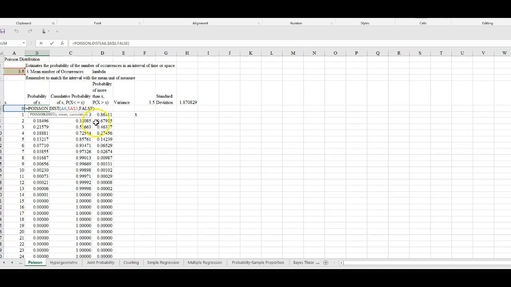So in the first column, we use false for the cumulative parameter, but in the second usage of the Poisson distribution, we use true because we do want to calculate the cumulative probability for everything less than or equal to that x value.